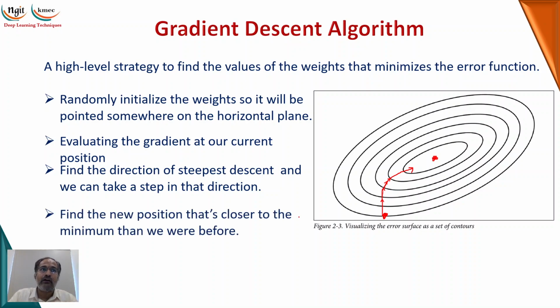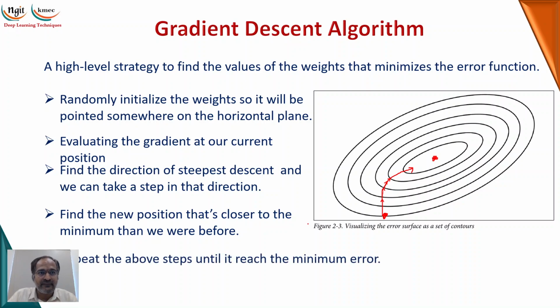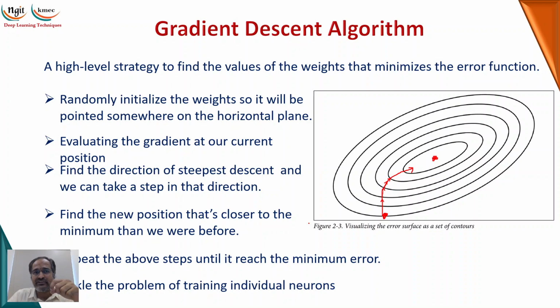Then again we calculate the gradient for the new point, and repeat this step until you get very little error. Sometimes you may cross that and the error may start increasing, so we stop at the moment where we get the minimum error. There we have to stop. And it tackles the problem of training individual neurons. This is the concept for every neuron.